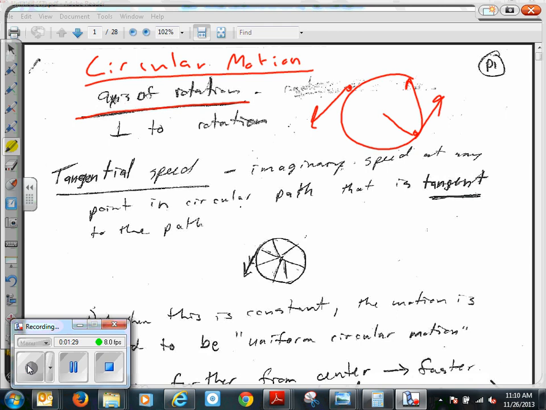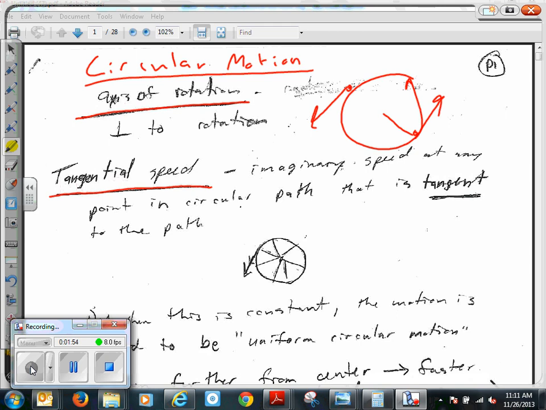Here's another definition we need to know. It's tangential, but it's the word tangent, right? And then the adjective part of it, speed. I also sometimes will say tangential velocity too, but why would it be wrong to say velocity versus speed?